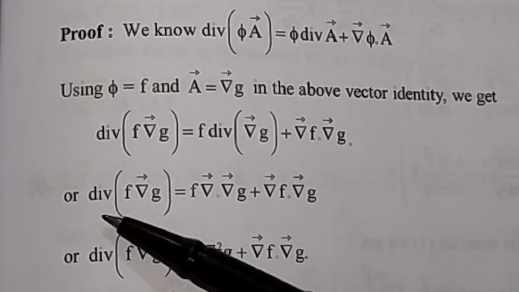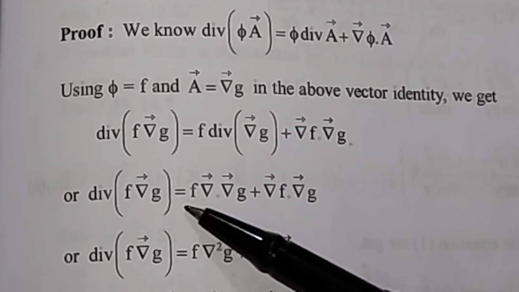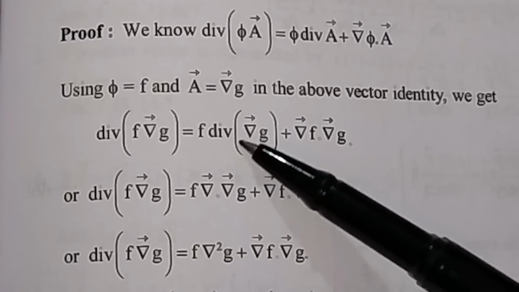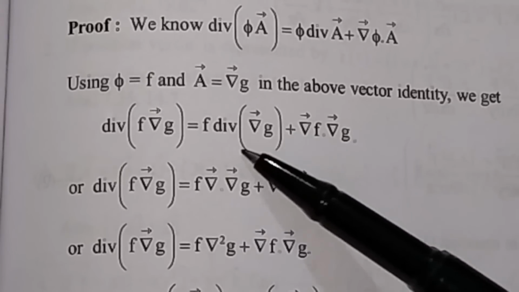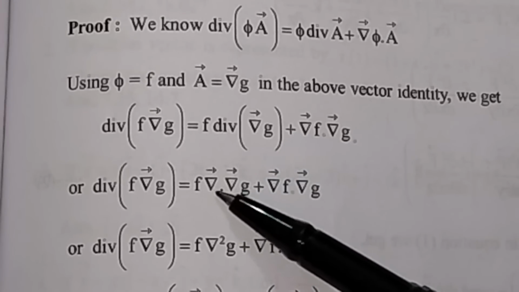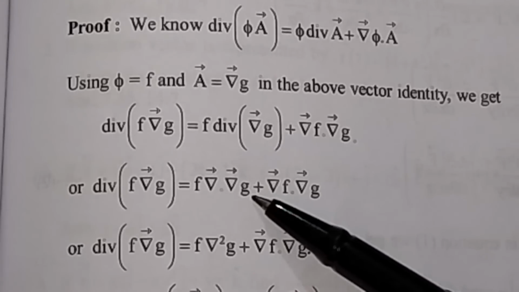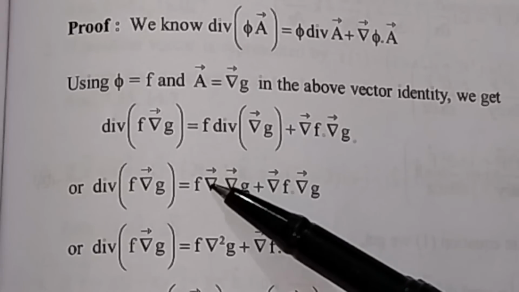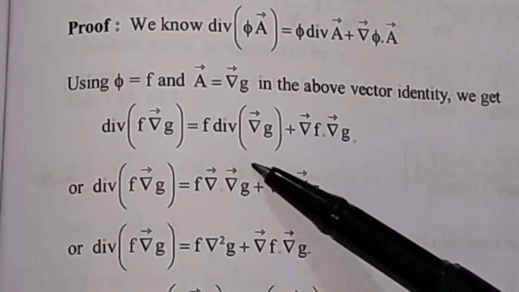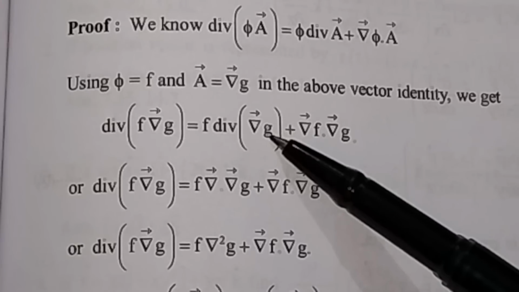So in the left hand side, divergence of f gradient g is equal to f times divergence of gradient of g. That can be written as del dot gradient of g. This is your gradient of g, and divergence means del operator when it operates on the vector, and gradient of g is a vector.